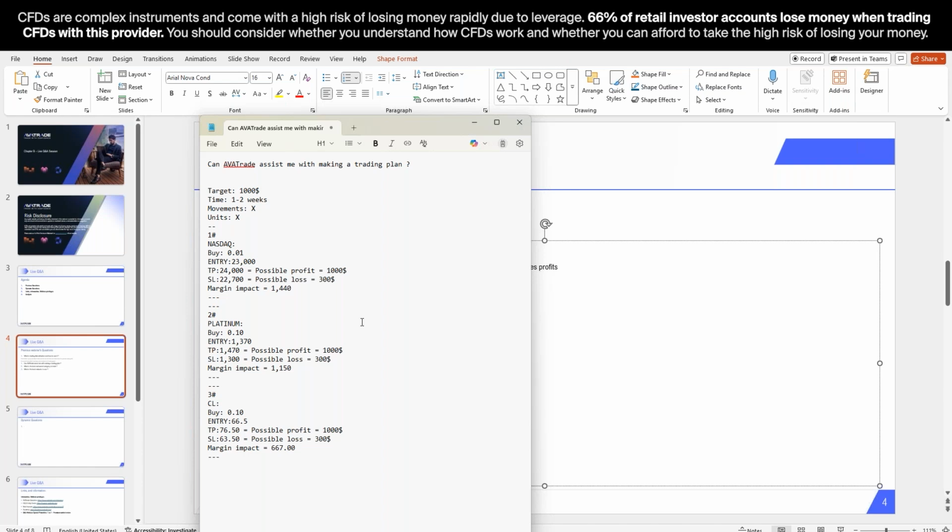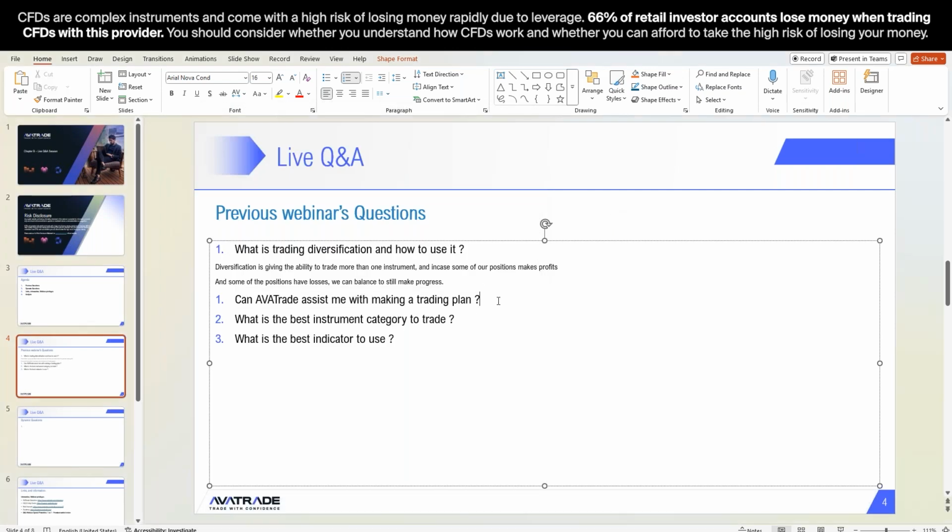Okay, so this is what I will also write here in the answer. Your account manager can assist with making a plan and help track your progress.